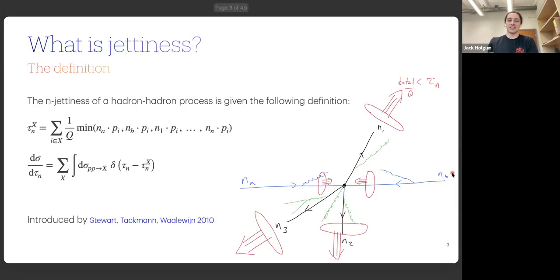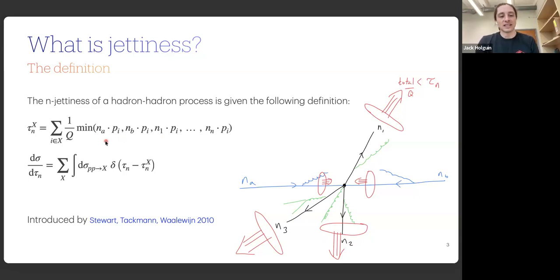So what is jettiness? Well, its precise mathematical definition is given on the left here. So this is the definition, and then you produce an observable by integrating a differential cross-section against a delta function which constrains the momenta subject to this definition. It's quite simple though if we understand it diagrammatically.